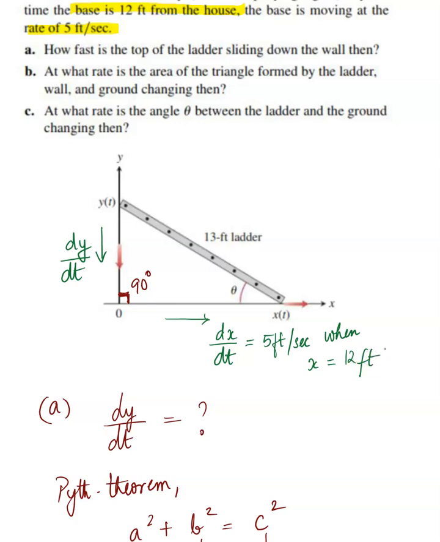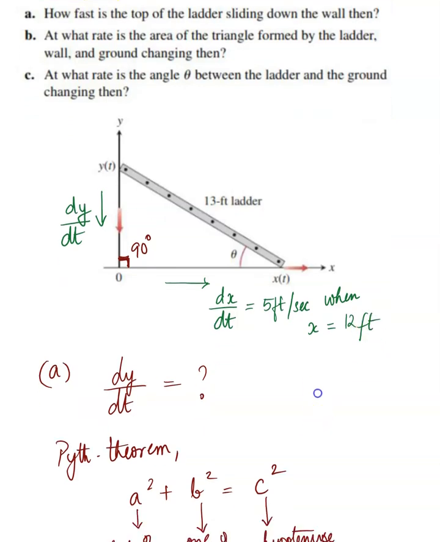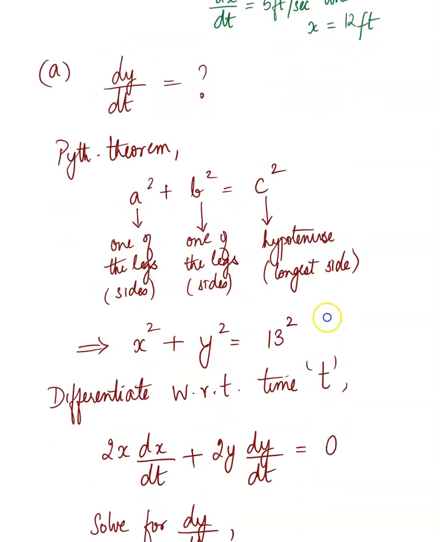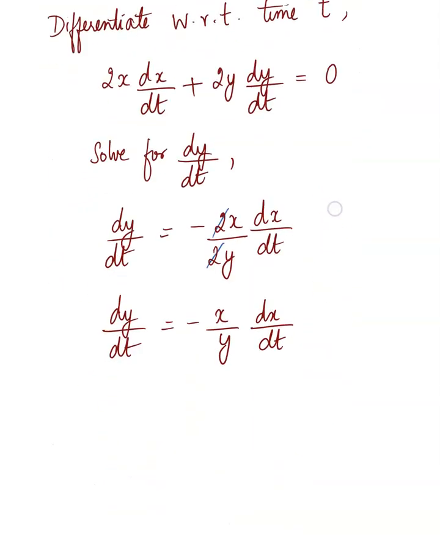It's for that instant that this works. So that's the information I'm going to use over here. So then I'm going to say, well, x will be, well, this is unknown, so that's a question mark. X is 12, and dx over dt is given to be 5.